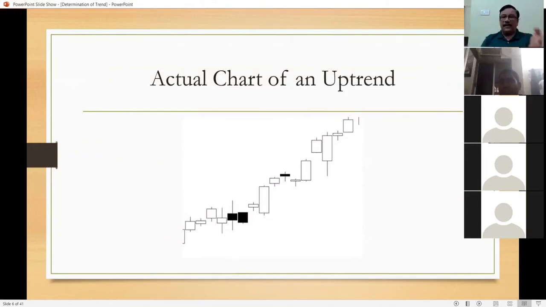If more than 5 candles are making higher high, higher low, it's an uptrend. If 6 candles, it is a stronger uptrend, 7 still stronger, 8 out of 10 making higher high, higher low, very strong uptrend. More than 8, that's most probably time to book profit because the stock will already be very high.